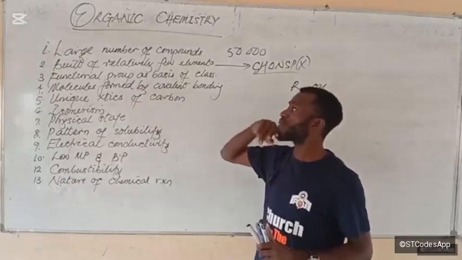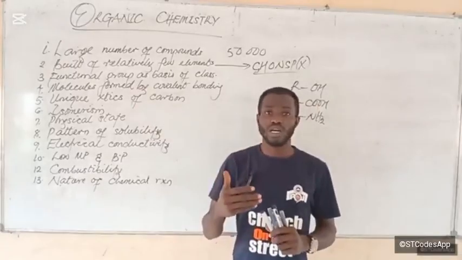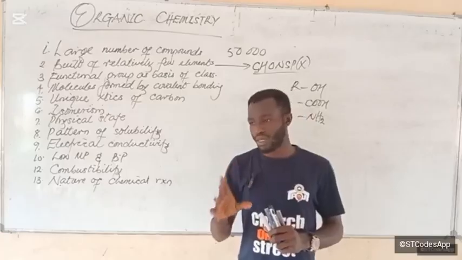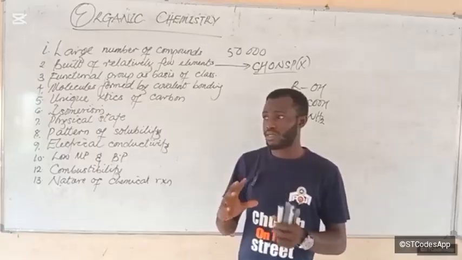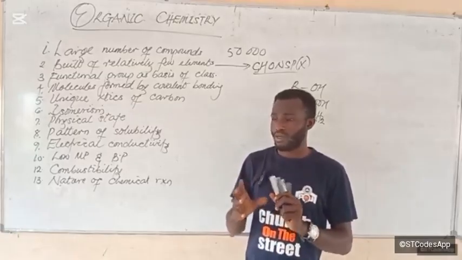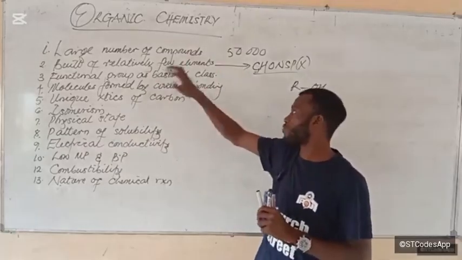Since the molecules are formed by covalent bonding, you can also predict their behavior. Basically, you know that organic compounds are formed by covalent bonding.